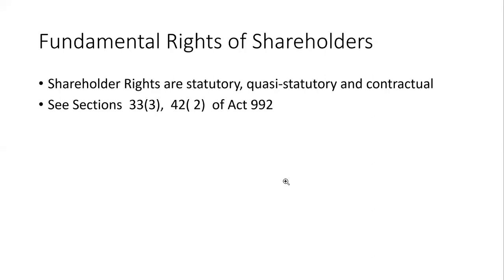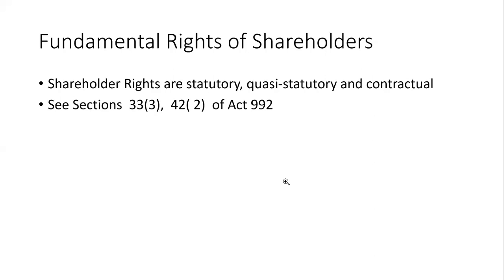And then the third possibility is contractual. Contractual in the sense that you will notice very soon when it comes to shares, shares is an agreement between the shareholder and the company. So within that, various rights may be worked out when they are being created. But I have cited section 33, subsection 3.